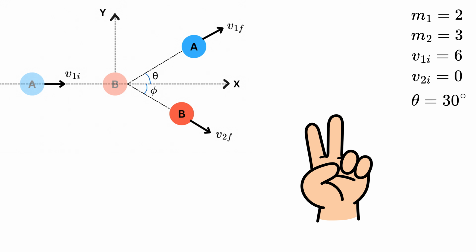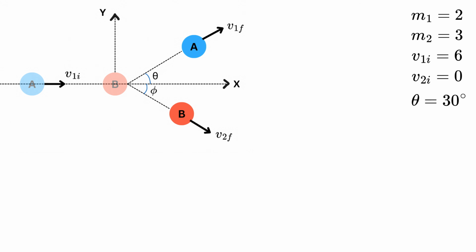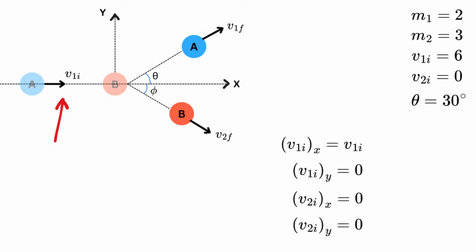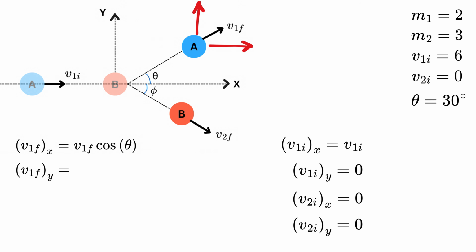Step 2 is to break down the initial and final velocities of both the balls in the horizontal and vertical components. For both the balls, we do not have to worry about their initial velocities as ball B is at rest and ball A is moving in x direction itself. Now, for the final velocities, for ball A, the horizontal velocity component will be simply v1f times cos theta, and the vertical velocity component will be simply v1f times sine theta.